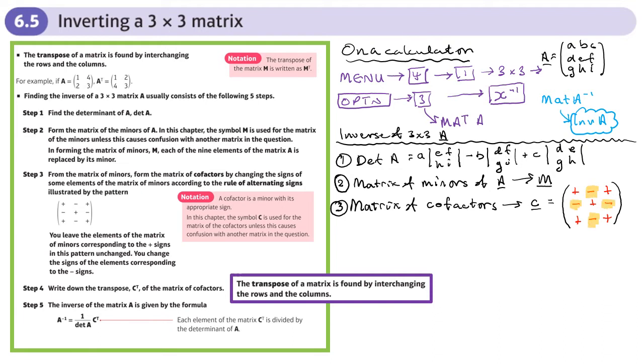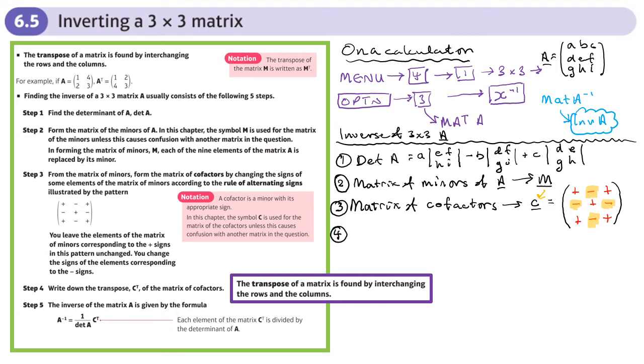That forms a sort of cross shape, and that's called the matrix of cofactors, which comes from the matrix of minors. So after you've done step 2, you use that matrix to find what we have in step 3. This is called the rule of alternating signs, and I think you can work out why it's called that.